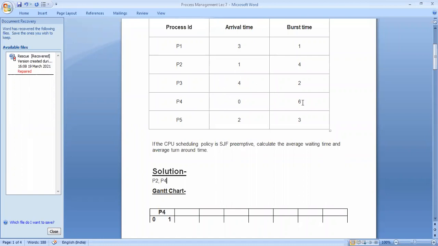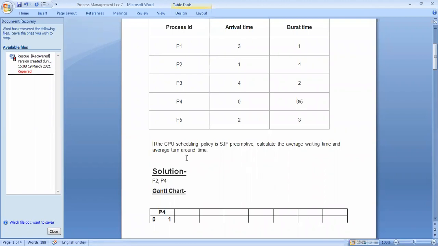After 1 millisecond, the remaining burst time of P4 is now 5, and P2's burst time is 4. So now we compare which process has less burst time, because in the ready queue only two processes are there, P2 and P4.